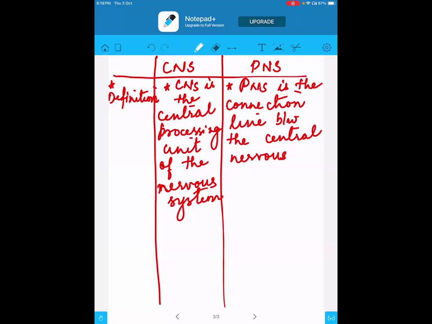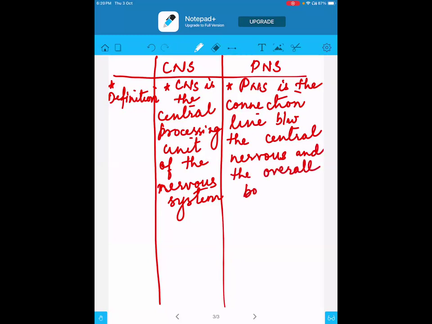All the nerves connect the central nervous system and the body parts, helping them to connect. So the central nervous system and the other body parts are both connected together because of this peripheral nervous system. They are nothing but the nerves connecting these two different parts, one is the central nervous system and the other is the remaining body part. So PNS is the connection line between the central nervous system and the overall body parts.